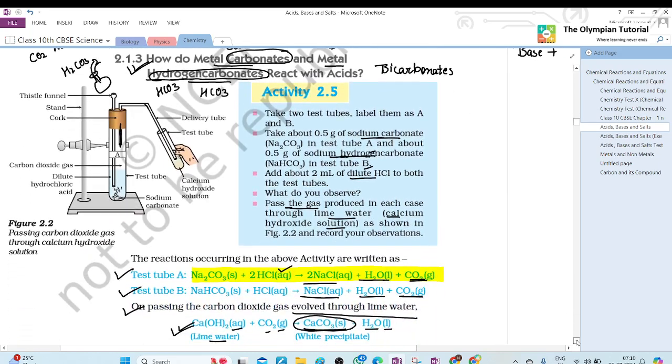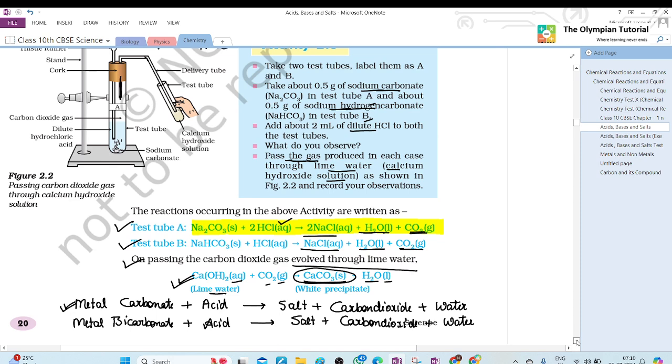These are the reactions of metal carbonates. Na2CO3 reacts with 2HCl. HCl is an acid, it will give sodium chloride and H2O. Carbon dioxide gas will be released. NaHCO3 plus HCl will give NaCl plus H2O plus CO2.